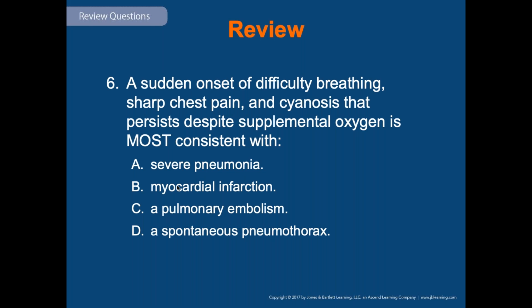The correct answer is a pulmonary embolus. Remember, sharp chest pain, cyanosis. The key is that sharp chest pain and the treatment is supplemental O2 because you have that blockage in the pulmonary artery.